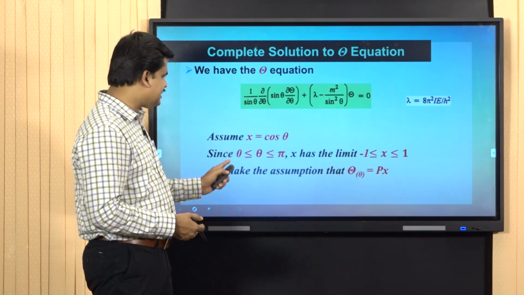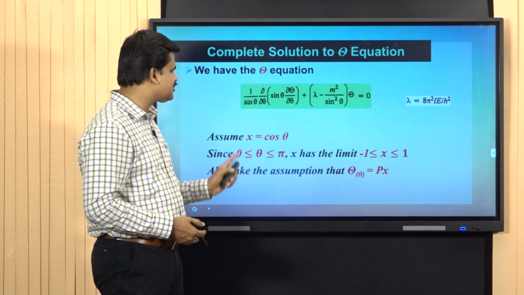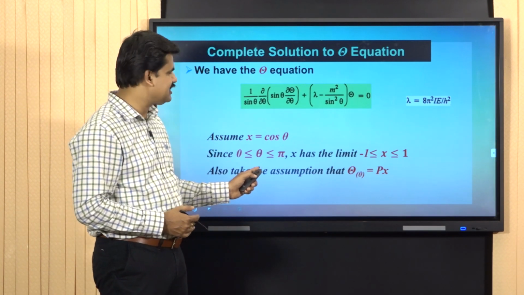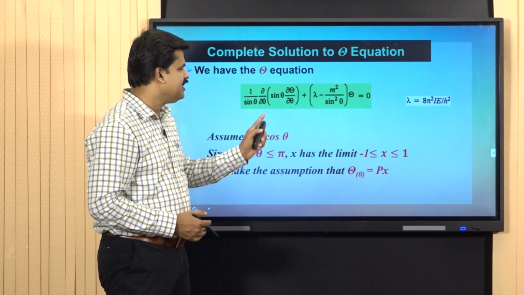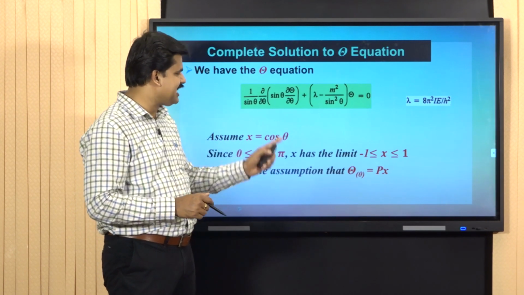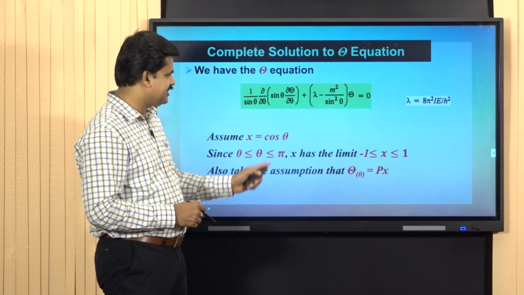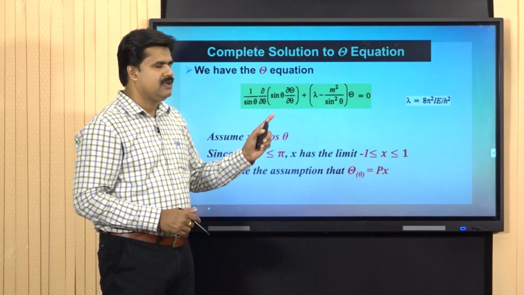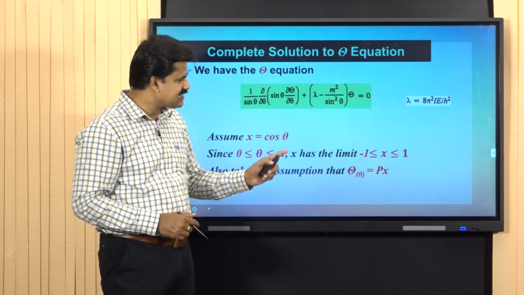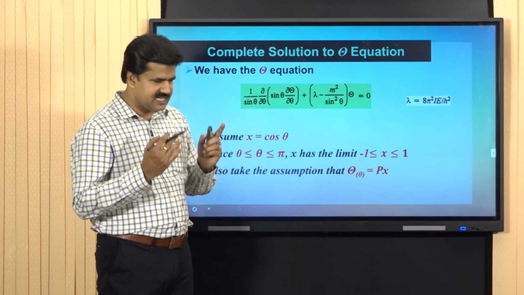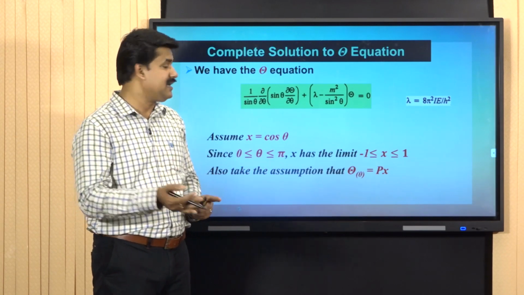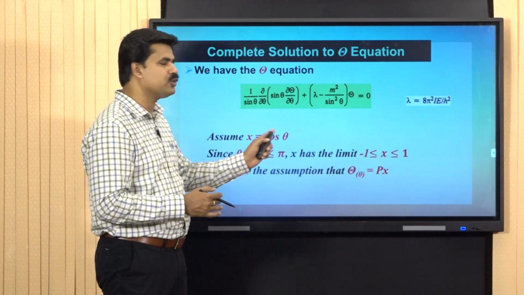Since theta ranges from 0 to pi, that is 0 less than or equal to theta less than or equal to pi, we have to set the limit for x based on this relation. That is, x has a limit from minus 1 less than or equal to x less than or equal to plus 1. That means x ranges from minus 1 to plus 1, but theta ranges from 0 to pi.